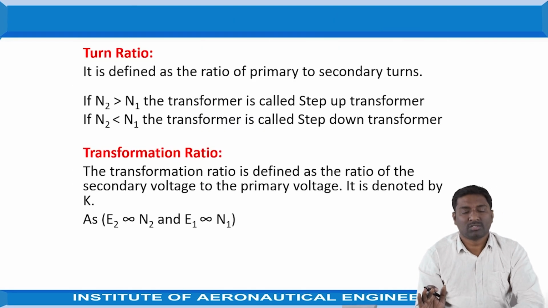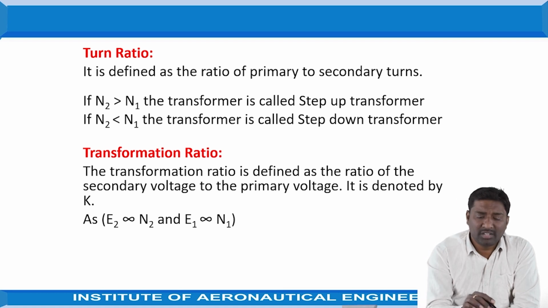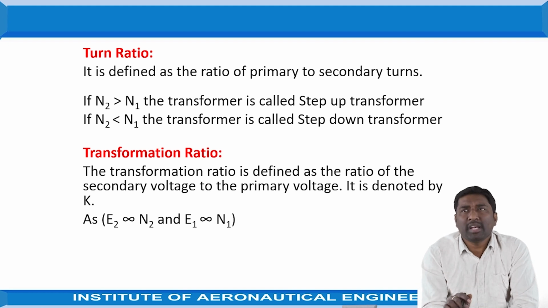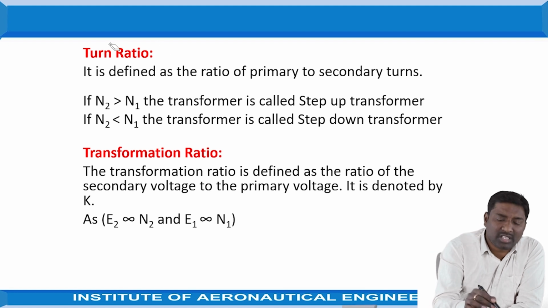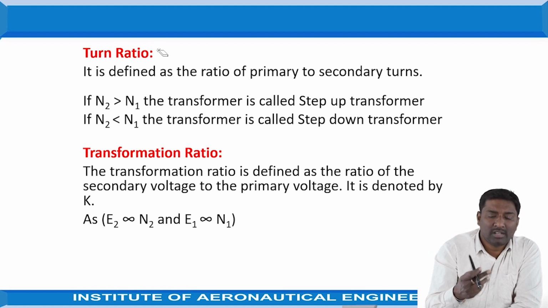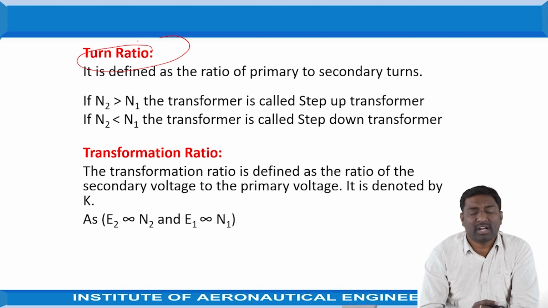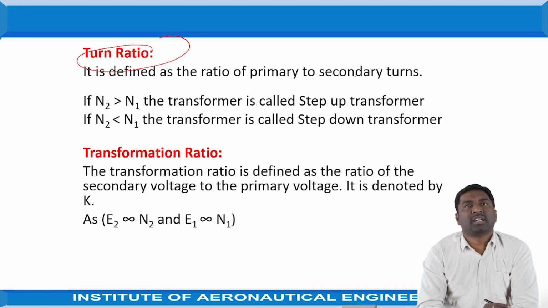Okay. According to the principle, the ratio of primary to secondary turns is called the turns ratio. The turns ratio of the transformer is defined as the ratio of primary to secondary turns.